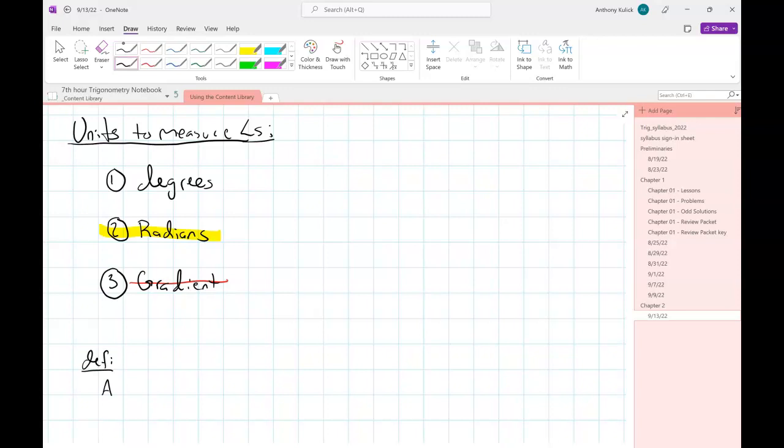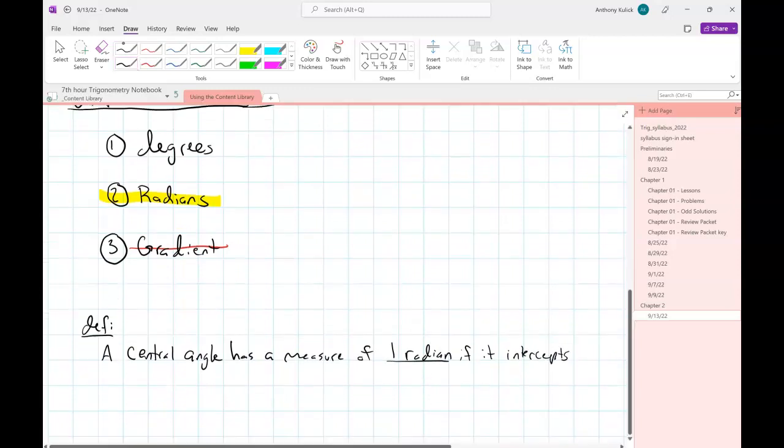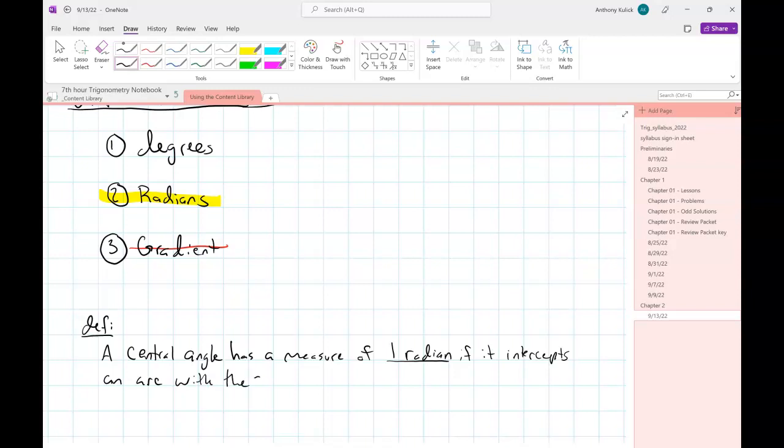So we say a central angle has a measure of 1 radian if it intercepts an arc with the same length as the radius.